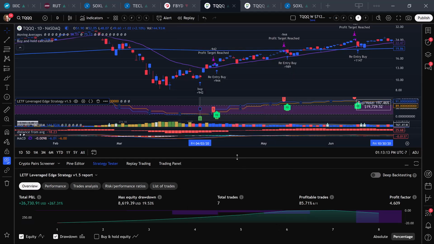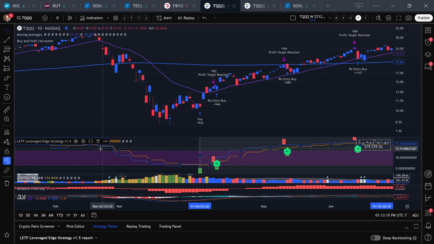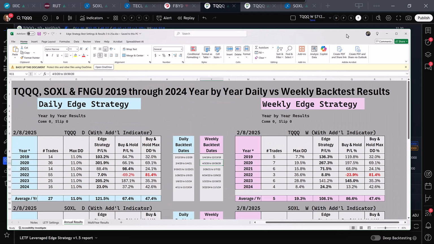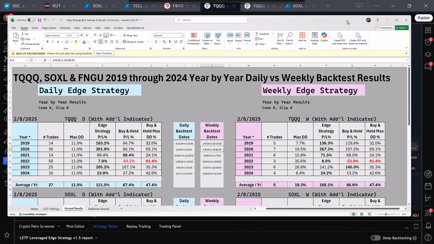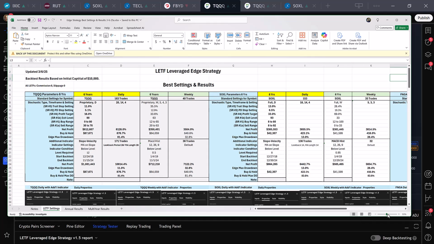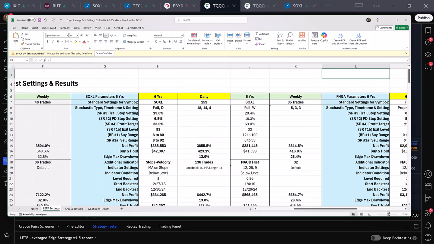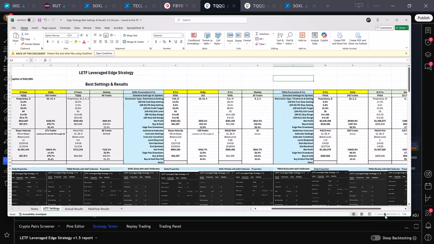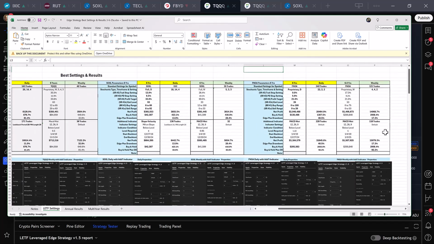And then the other thing I wanted to mention on this spreadsheet that you're going to be using to help you as far as starting configurations is that there are a lot of different settings that we have available on this spreadsheet.